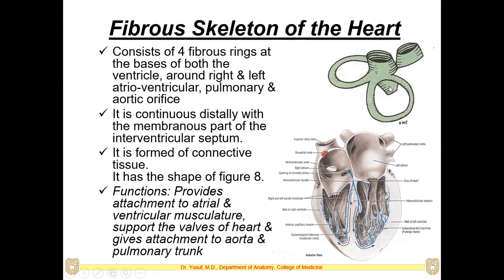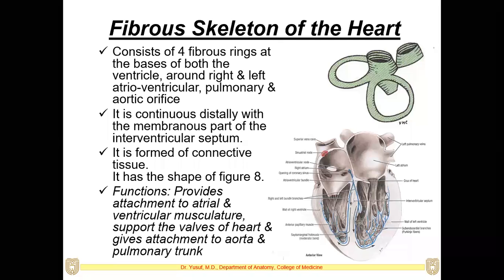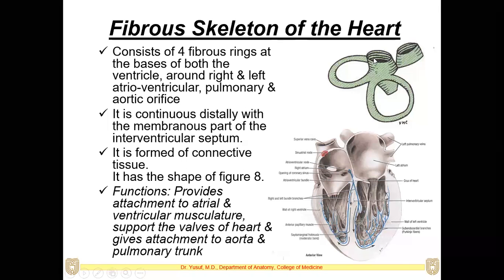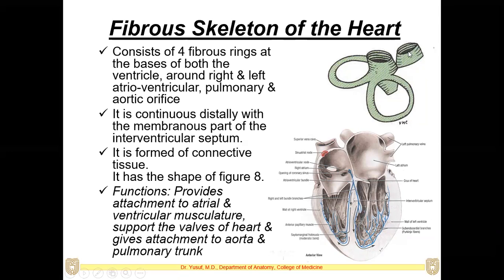These will keep the openings always intact as well as open, so they don't collapse. If they collapse, then again the heart needs extra energy to open the orifice and then push the blood. So the fibroskeleton prevents that, and always keeps these openings open. They are guarded by the valves later.